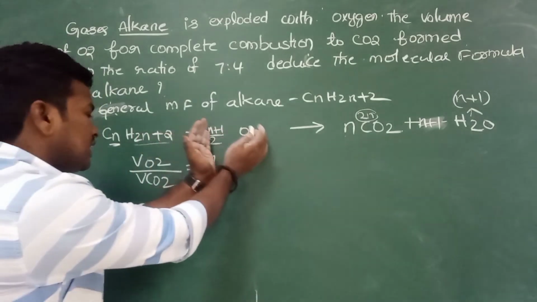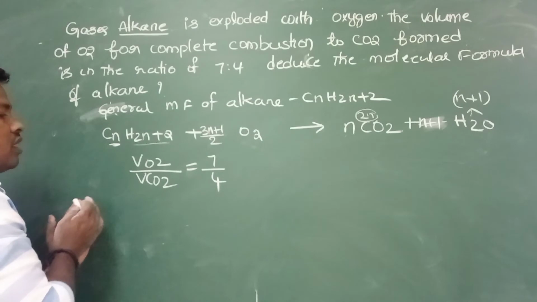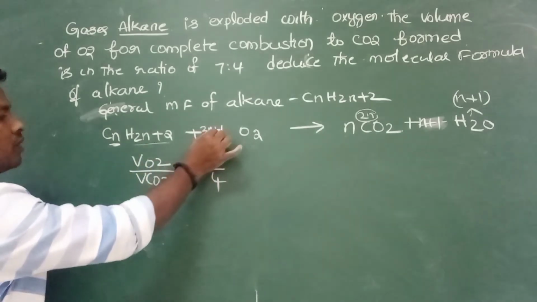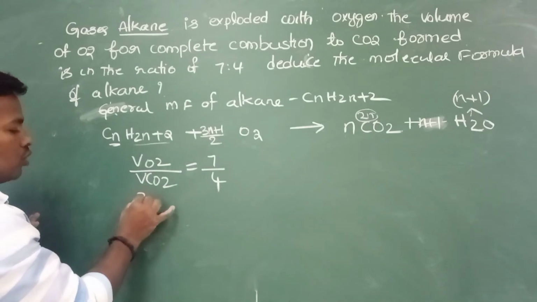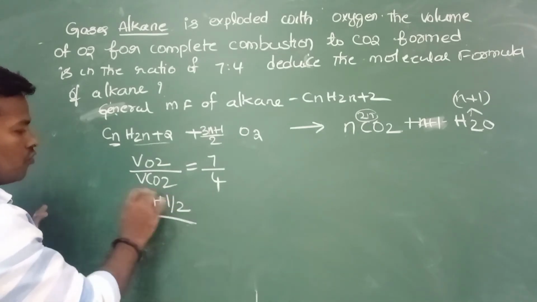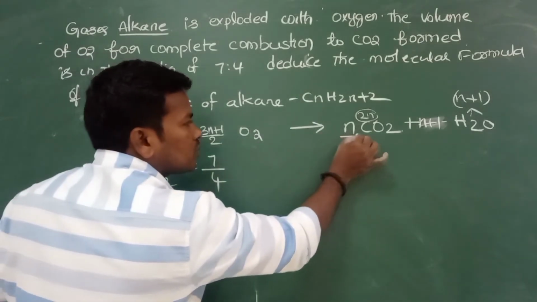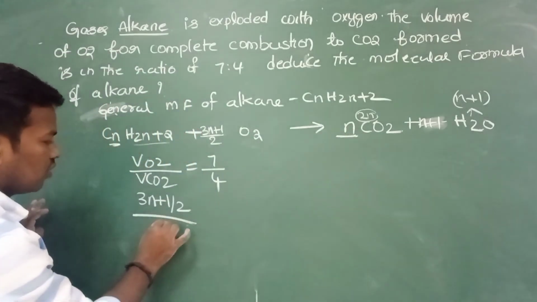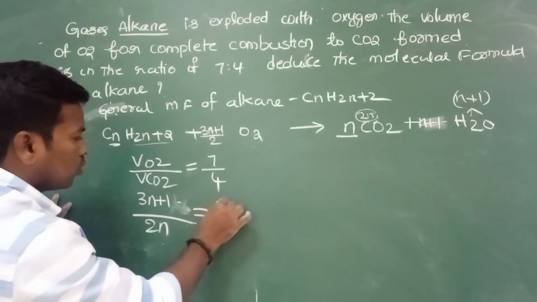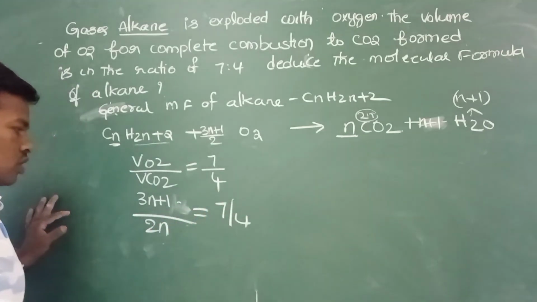Volume of O2 is (3n+1) upon 2, and the volume of CO2 is n, since the stoichiometric coefficient is considered as volume. So now we can write (3n+1)/2n = 7/4.